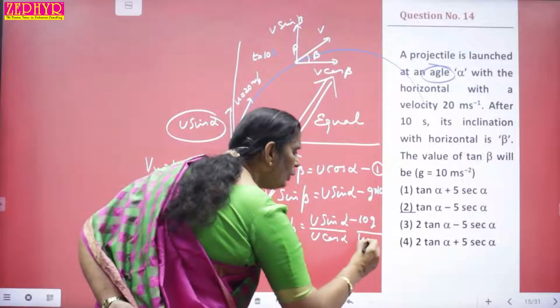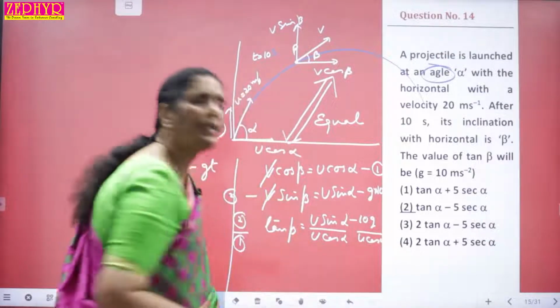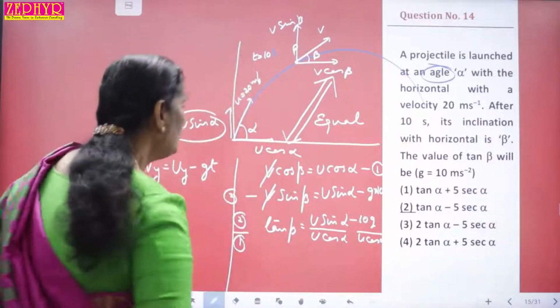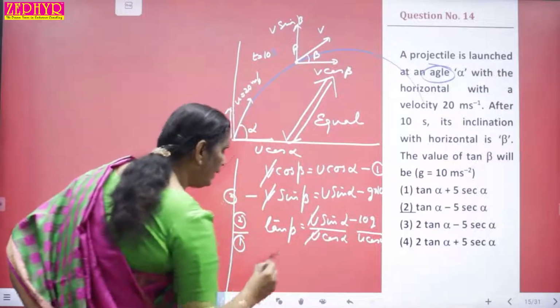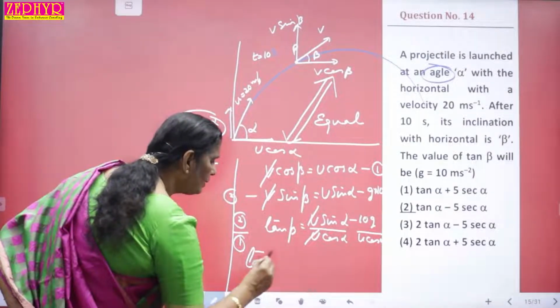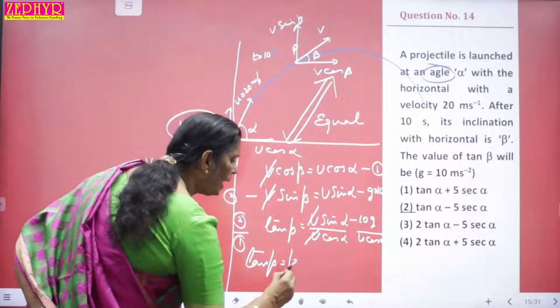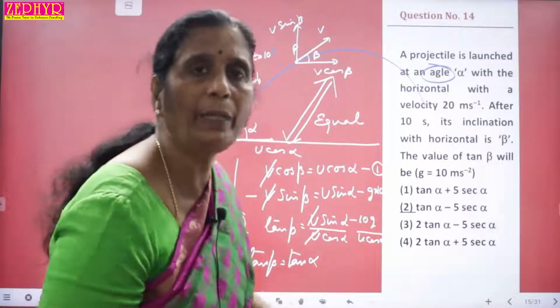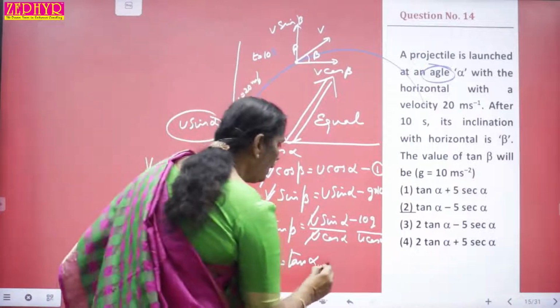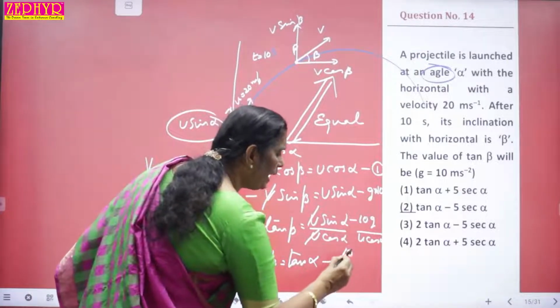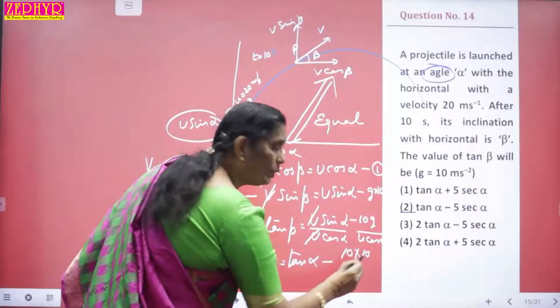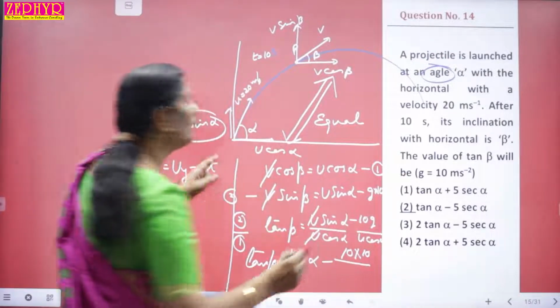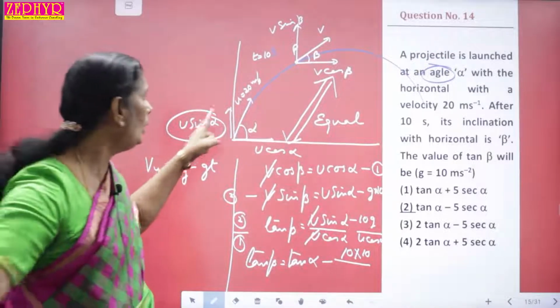I wrote it separately. So now this u gets cancelled. So tan beta is equal to tan alpha minus, because they want that type of relation. That's why I am moving in that way. But now it is time for us to substitute the values. Taking g as 10 and u as 20.